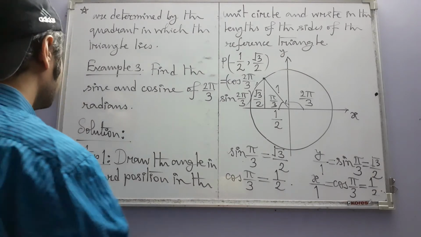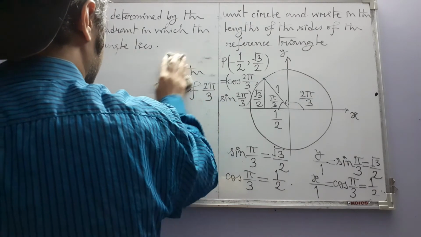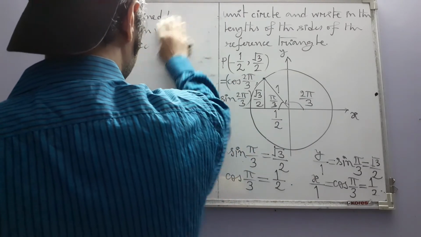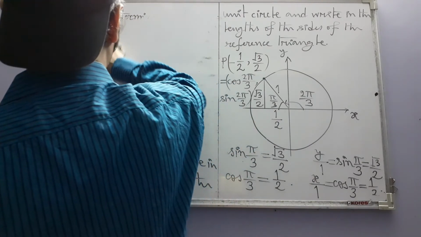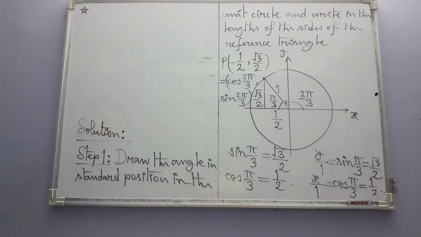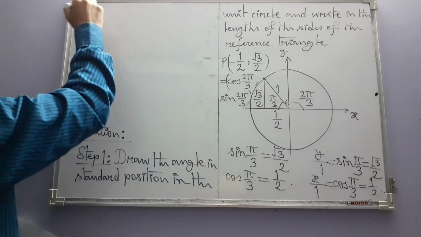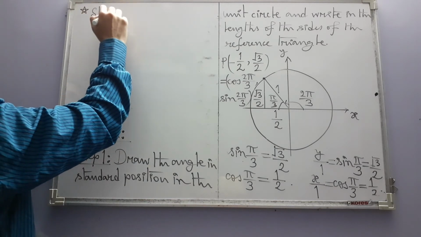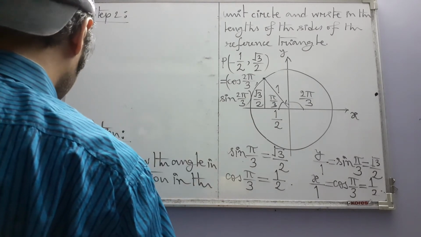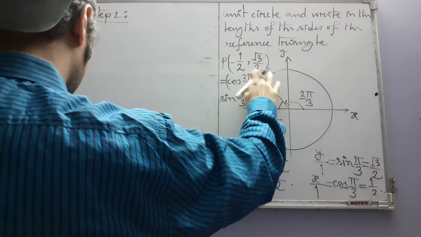So let me continue from here. We have in fact calculated the thing, but in step 1 we just have to find the side lengths. And then in step 2, find the coordinates of the point P where the angle's terminal ray cuts the unit circle.